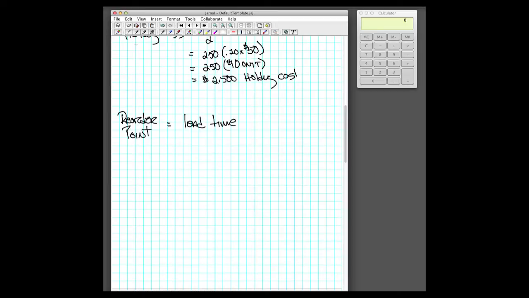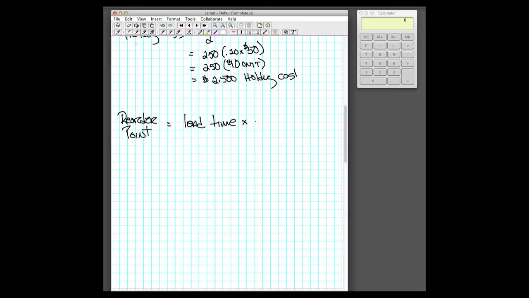Because essentially we have that amount of time to use up whatever inventory is left on hand and get it just in time to satisfy the next unit that's demanded. And we're going to call that, by the way, lead time, guys, the lead time that it takes to get inventory here. And that lead time essentially is going to represent the amount of time we have to sell.